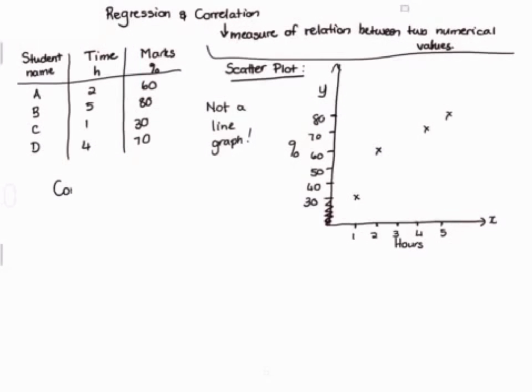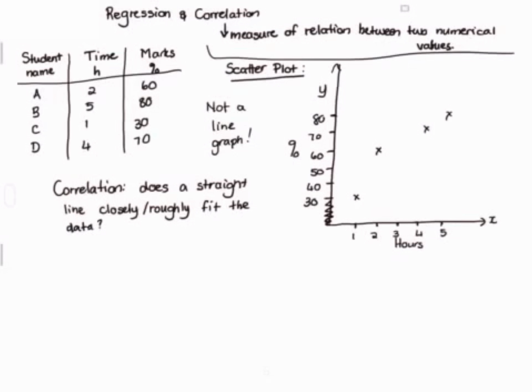So correlation asks: does a straight line closely, or maybe just roughly, fit the data?